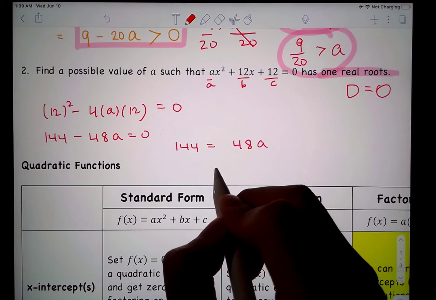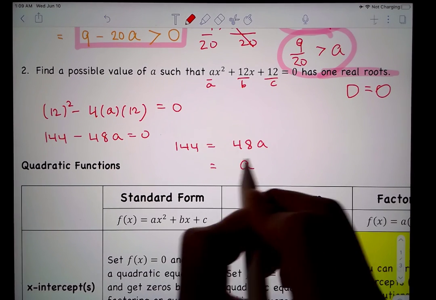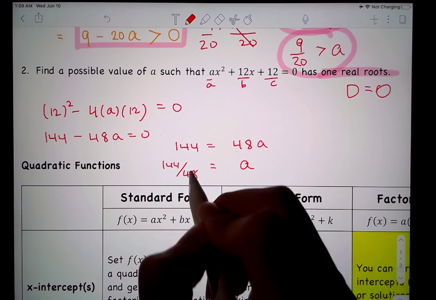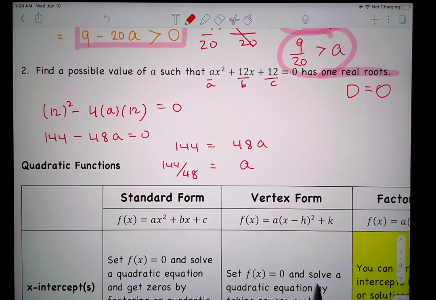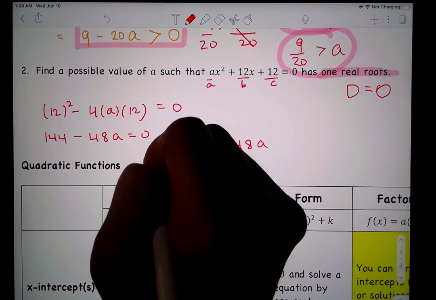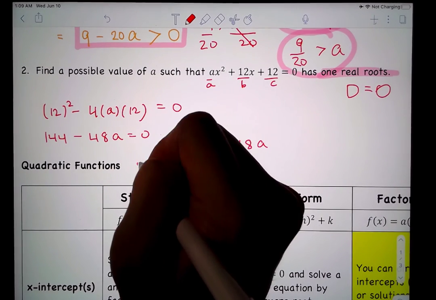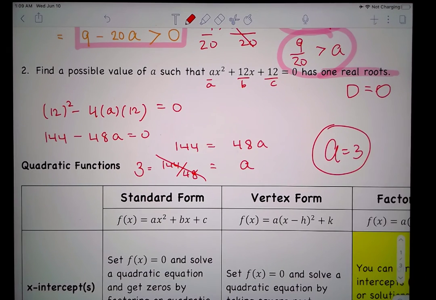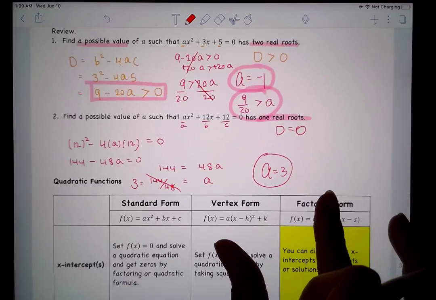And to get my a, you just divide by 48. So 144 over 48. When you simplify, that is 3, right? So a equals 3. That's the answer for number 2. Right? So that was the homework review.